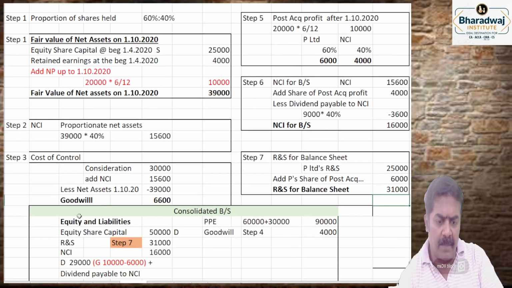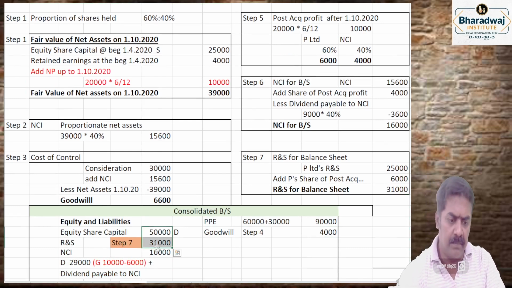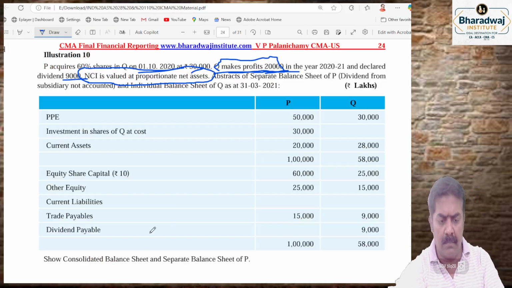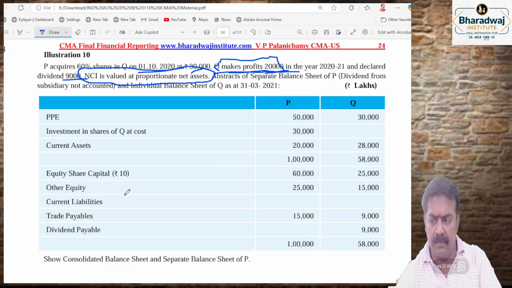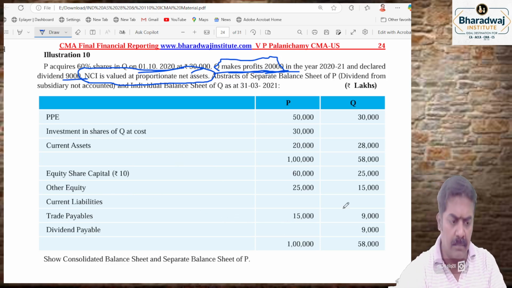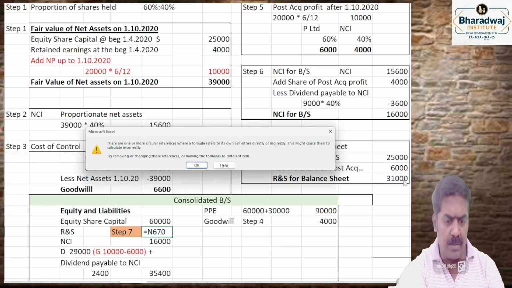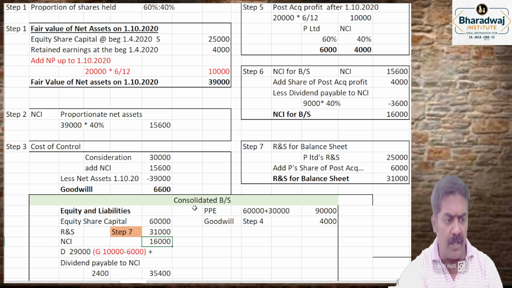Then let us prepare the balance sheet. What is the equity share capital? 60,000. Reserves and surplus 31,000. NCA value for balance sheet 16,000.